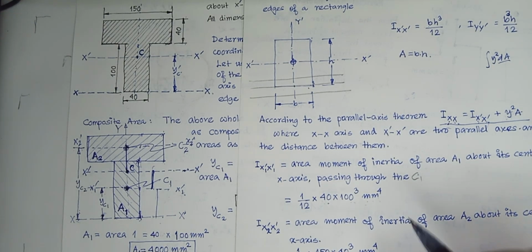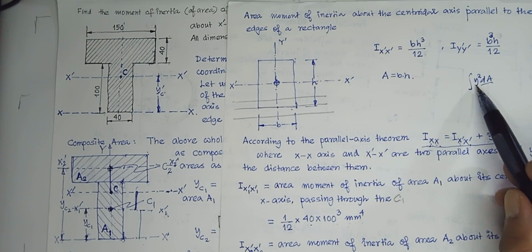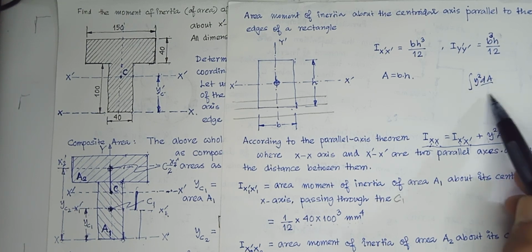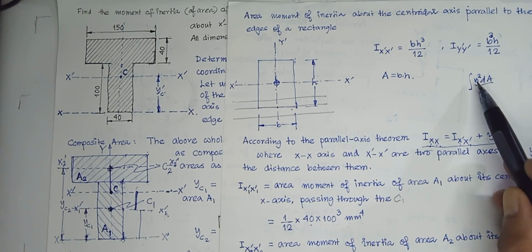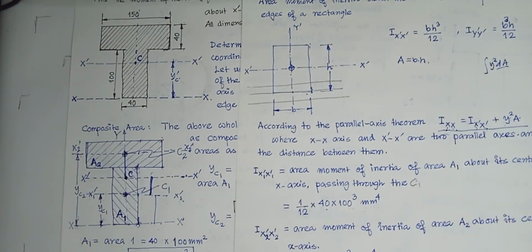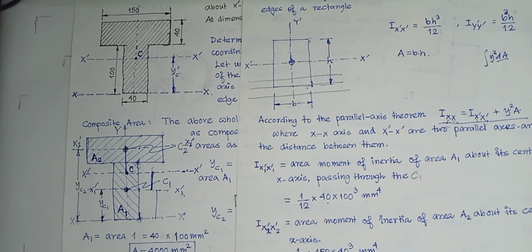The unit of area moment of inertia is millimeter to the power 4, because it is y square dA: the unit of y is millimeter, so y square is millimeter square, and area is again millimeter square. So millimeter to the power 4 is the unit of area moment of inertia, that you have to remember.